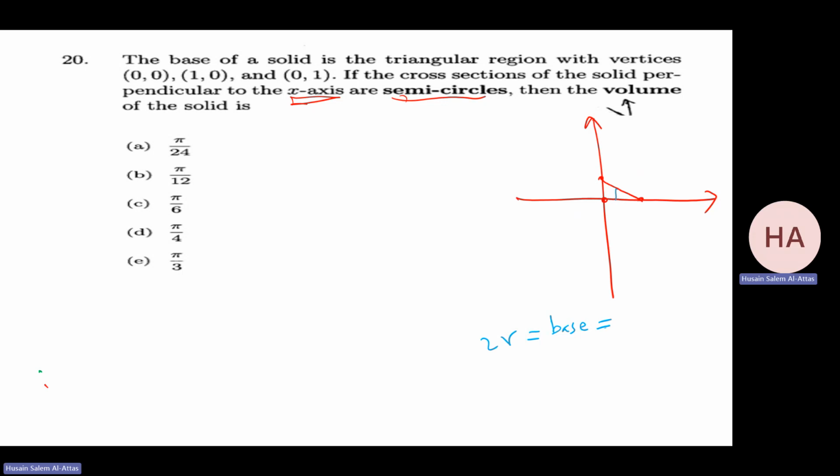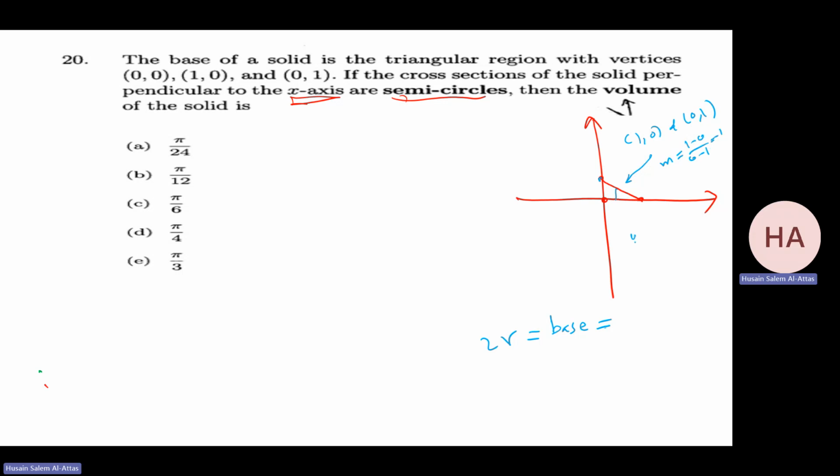What is this line? I need to find the equation of the line which passes through (1, 0) and (0, 1). What will be the slope? It will be 1 minus 0 over 0 minus 1, that will be minus 1.